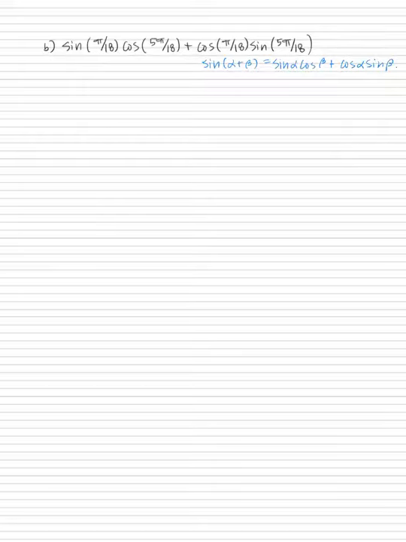Okay, so this is nothing but sine of pi over 18 plus 5 pi over 18, which is sine of 6 pi over 18. Reduce that, and what do we get? Pi over 3, which is square root of 3 over 2. So there you go.